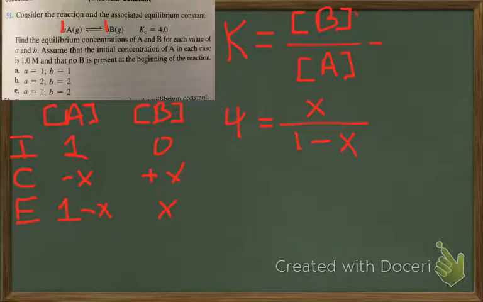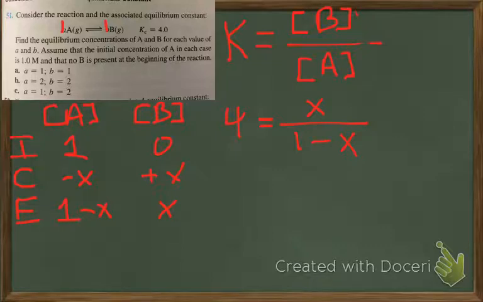I just plugged in all the values at equilibrium. Because it said right here, the initial concentration of A is 1. And then it said here, for part A, assume that the little a is 1 and the little b is 1. When we get to part B, we're going to do 2 and 2.